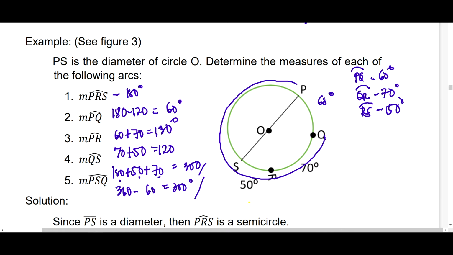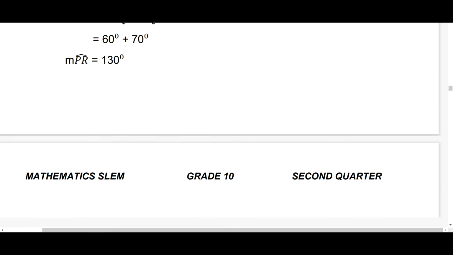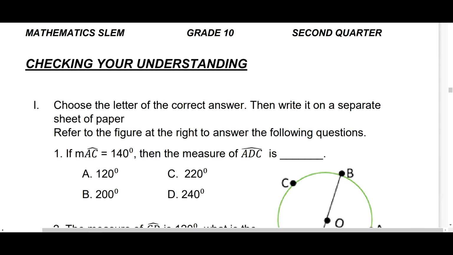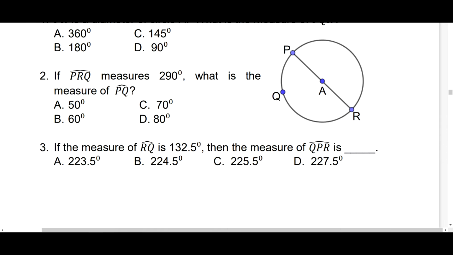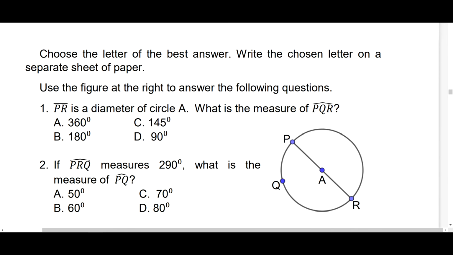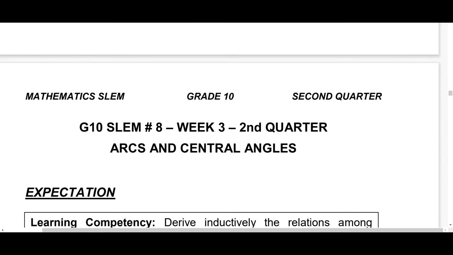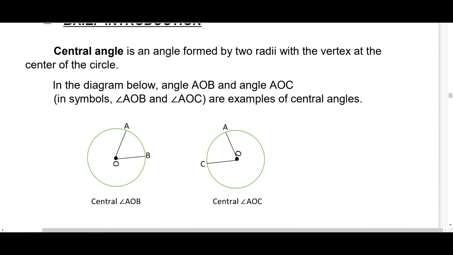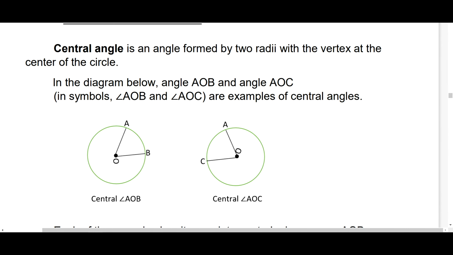Okay, so proceed na tayo sa next topics kasi madali lang naman yung arc addition. Let's go to this SLEM number 8 with central angles. So when you say central angles, these are the angles formed by two radii with a vertex at the center of the circle.